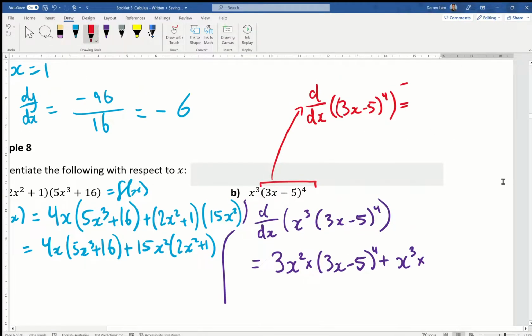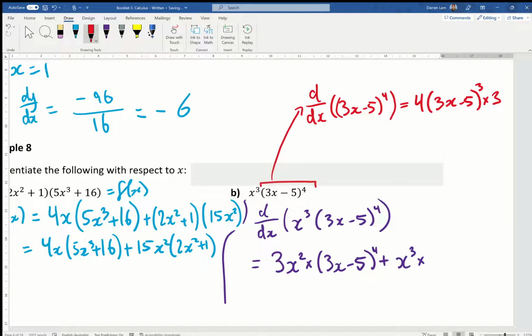I'm going to derive, and remember, pretend the 3x minus 5 is one variable. I'd bring the power to the coefficient. I get 4 brackets, and instead of writing u, I'm just going to write the original function, 3x minus 5, to the power of 3. And remember, I multiply by the derived inner component. So multiply by 3, because 3x minus 5 derived is 3.